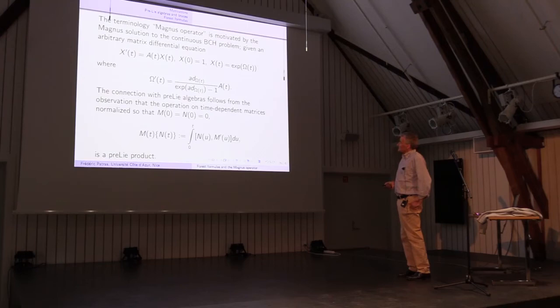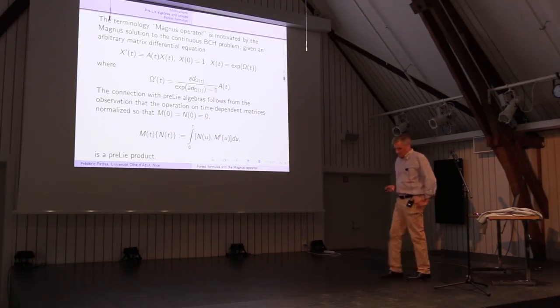Why is this operation omega called the Magnus operator? It comes from one solution to the continuous Baker-Campbell-Hausdorff problem. So the computation of the logarithm of the solution of a matrix valued differential equation, which is given by this formula. And the connection with Pre-Lie theory comes from the fact that when you have time-dependent operators or time-dependent matrices that you normalize properly, if you define this operation, it defines a Pre-Lie product.